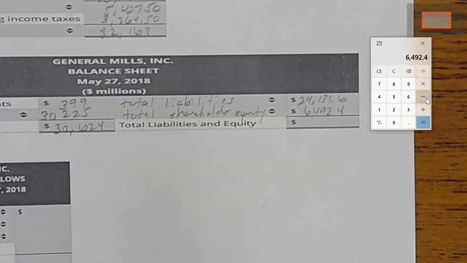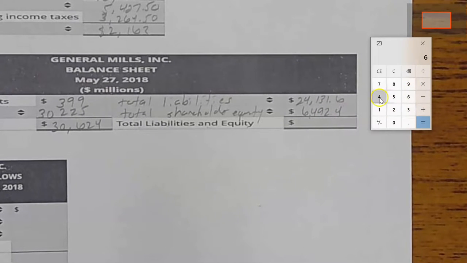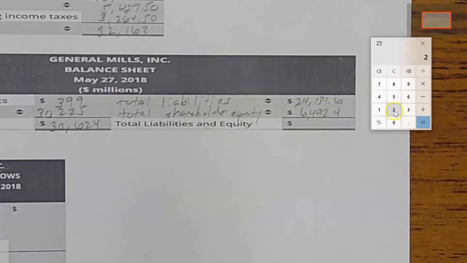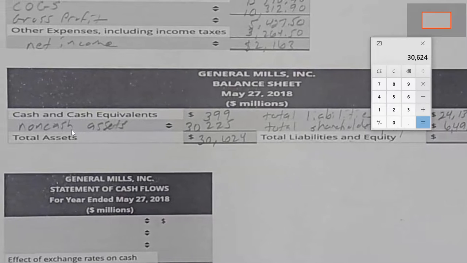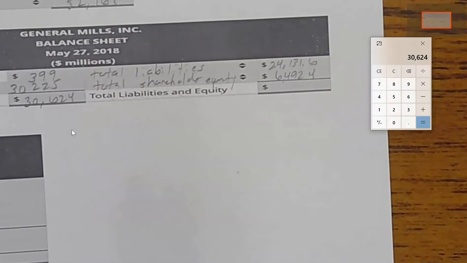And then I can subtract out 6492.4, and I get to 0. Or conversely, I could have added these, 24,131.6 plus 6492.4, and it's the same figure as we had for total assets over here. Okay, so let's go ahead and put that down.